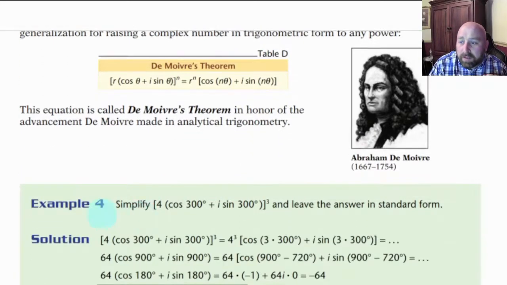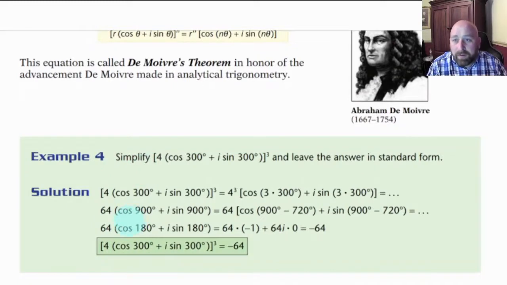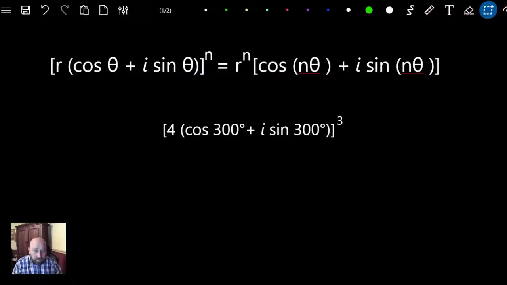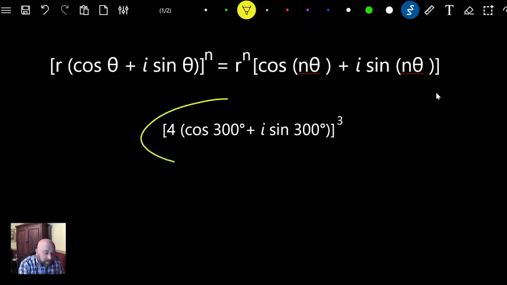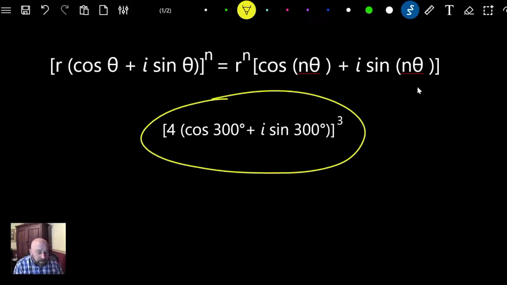So if you will, look down here at example number 4. I'm going to do it on my computer. You can follow along in your book. Make sure that you're writing these steps out as we're going. All right, so we have, again, example number 4. This is the question right here. They say, we want you to find that to the 3rd power.